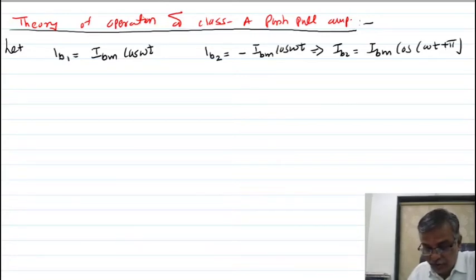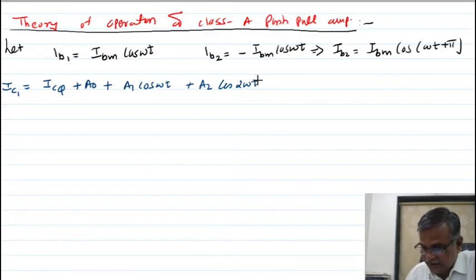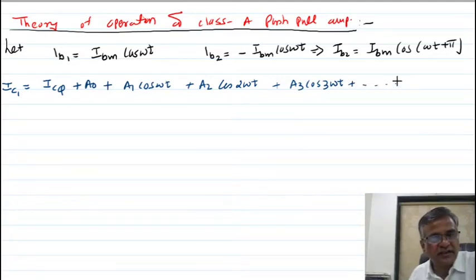Now, you have already studied that the collector current passing through transistor 1 can be written in this form: ICQ plus A0 plus A1 cos omega t plus A2 cos 2 omega t plus A3 cos 3 omega t plus A4 cos 4 omega t. Here there is a current flowing at quiescent condition in transistor first.